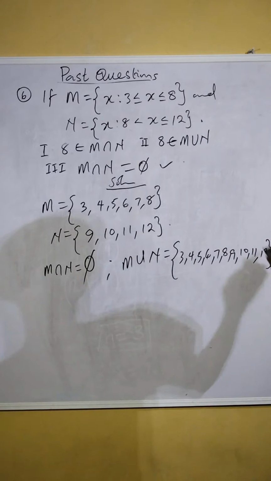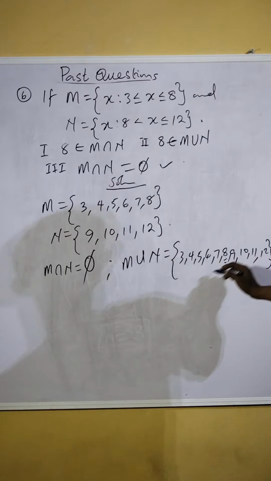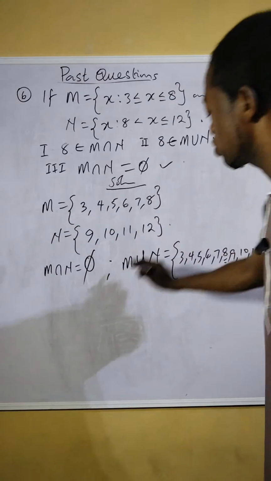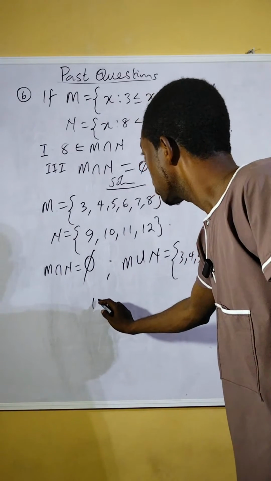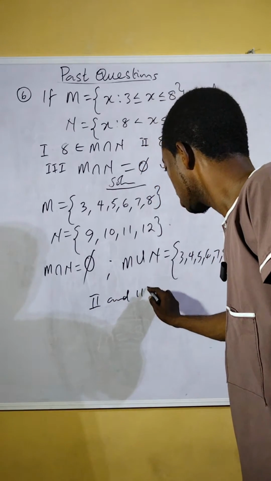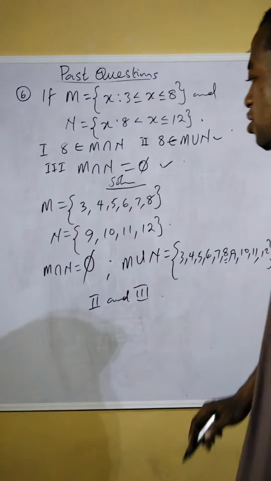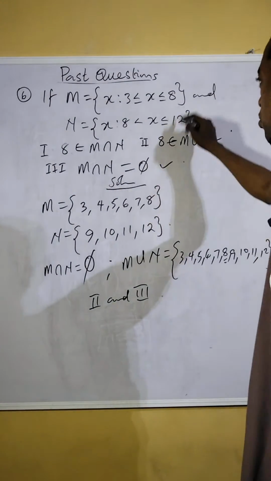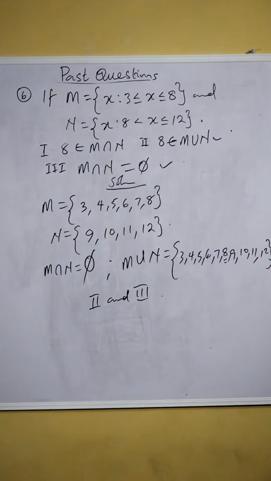So automatically 8 is a member. So 8 is here. So therefore, we have number 2 and 3. 2 and 3 are correct. Satisfy this statement. So those two options will be correct.